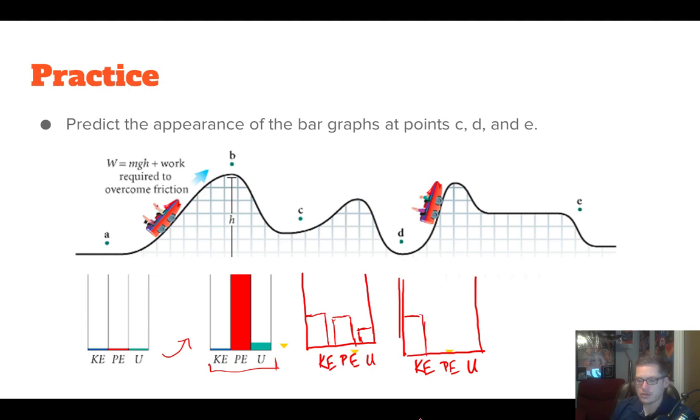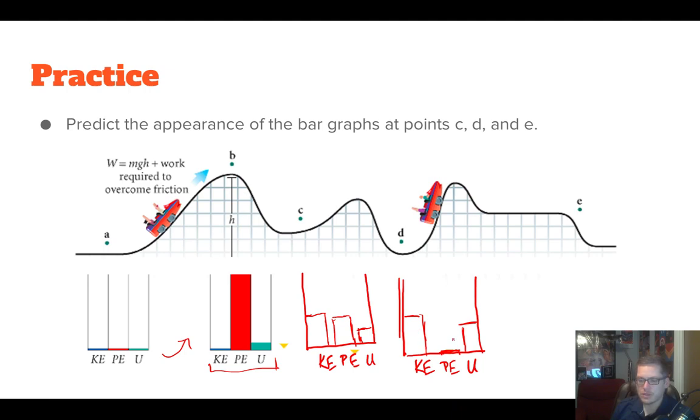Potential energy should be exactly equal with A, so we should have absolutely no potential energy. And then our internal energy should be even higher because we've gone farther, so it should be something like that.